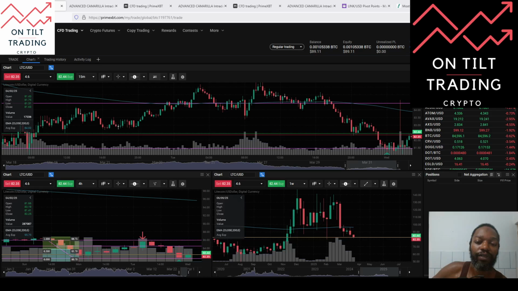This is the R3 level here. Price sells off and breaks this strong low. So this is a market structure shift. So now this becomes the strong high, and now I would call this a weak low.